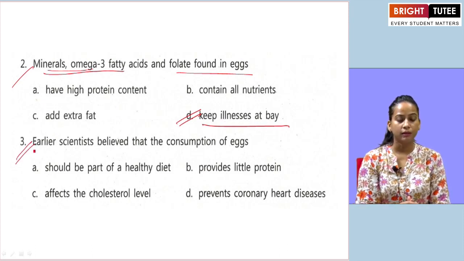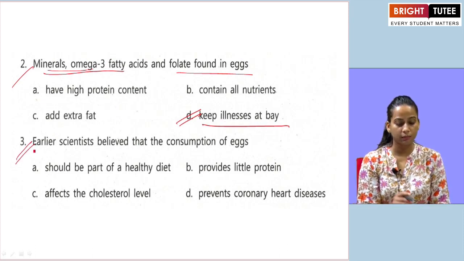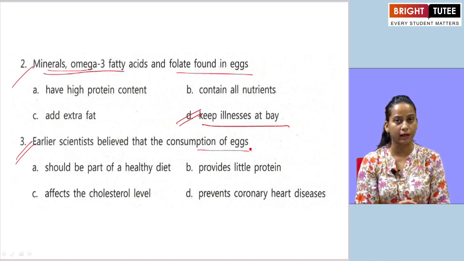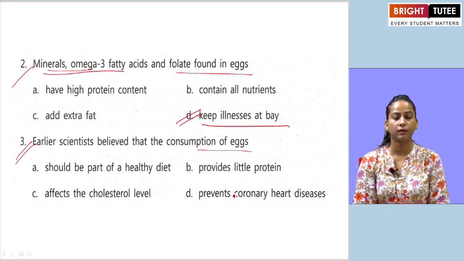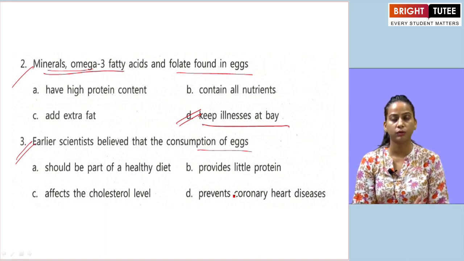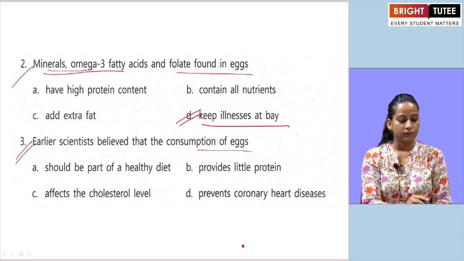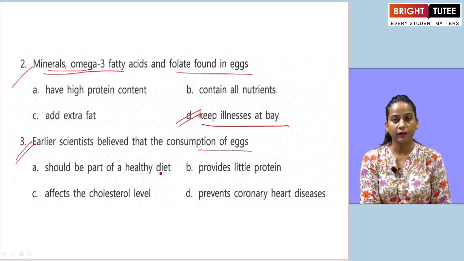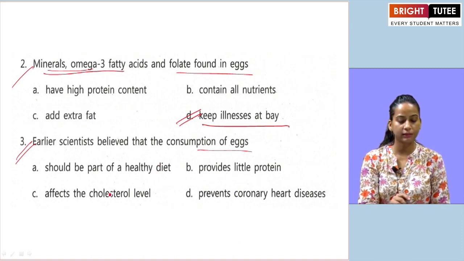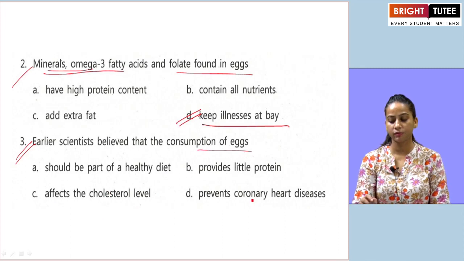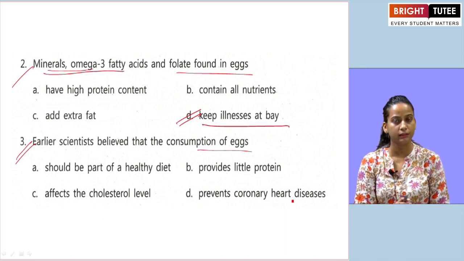The third one, earlier scientists believed that the consumption of eggs, and these 4 options are given, and again we have to recall what was the appropriate option given in the passage. Should be a part of healthy diet, provides little protein, affects the cholesterol level, prevents coronary heart disease.